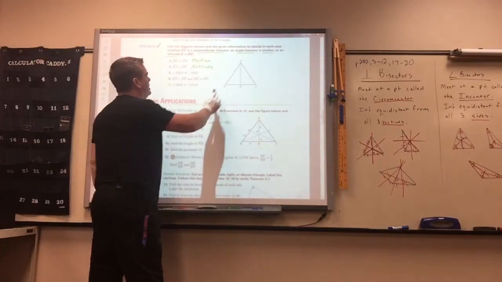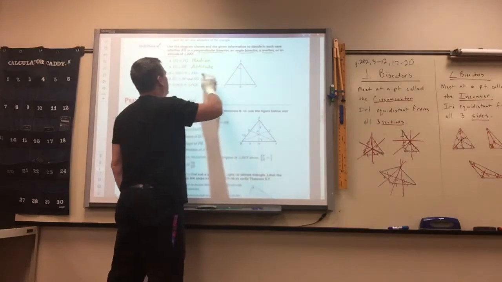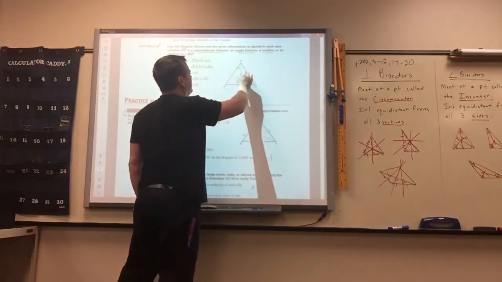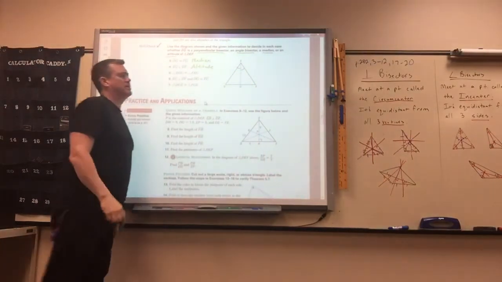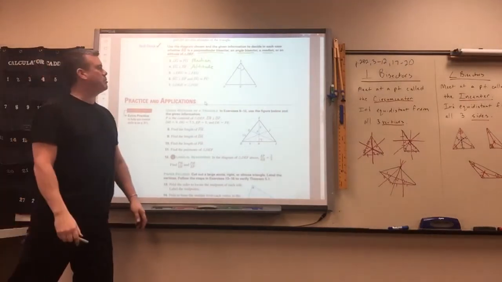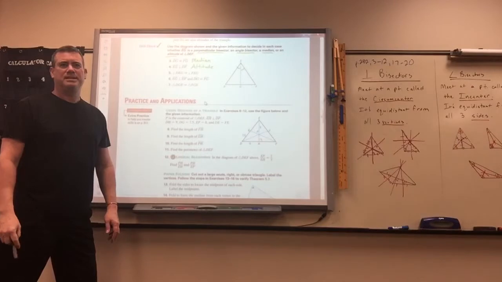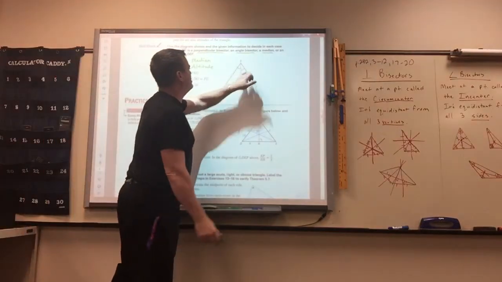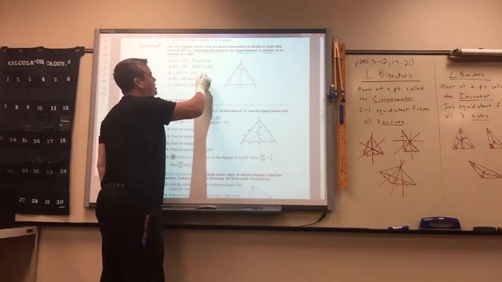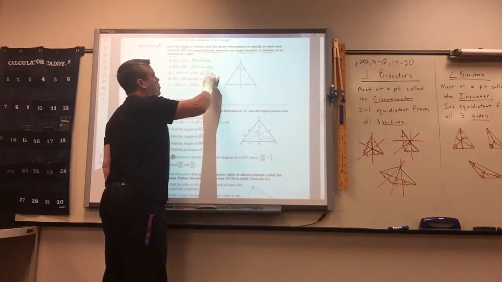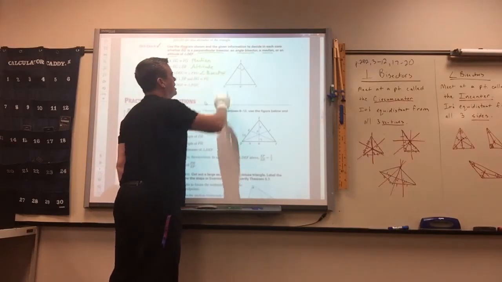Five, angle DEG is congruent to angle FEG. Perpendicular bisector? Is there any perpendicular or bisected sides? Angle bisector. It's an angle bisector. It cuts this angle into two. You can just put the angle sign if you want. Angle bisector.